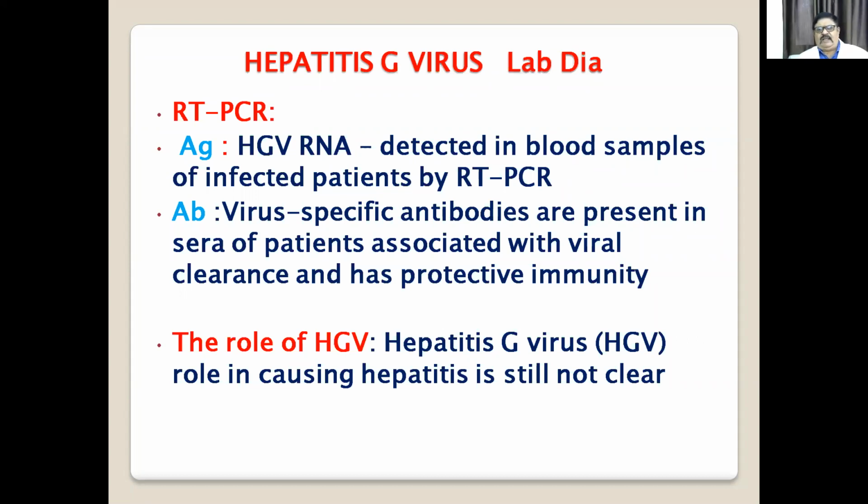Good. And then we have seen about hepatitis C virus also. And then D, which is dependent on the hepatitis B virus. Again, it can be prevented by proper vaccination against hepatitis B virus.